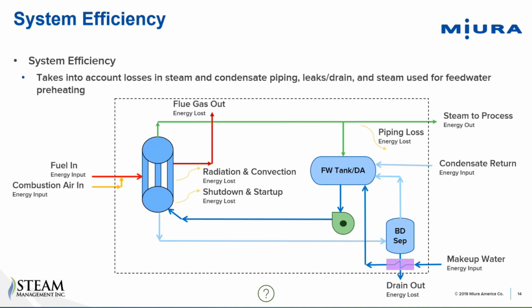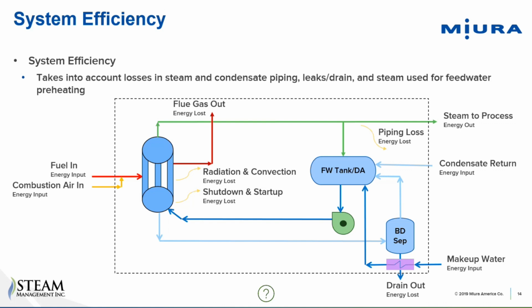And then system efficiency is kind of the whole system, right? So what we're really caring about is this energy out as steam to the process. When we look at the system, there's a lot of ways to capture the heat that we've got floating around the system. We can have blowdown separator heat exchangers. We can have a flash tank.